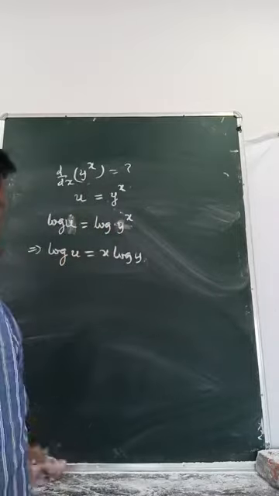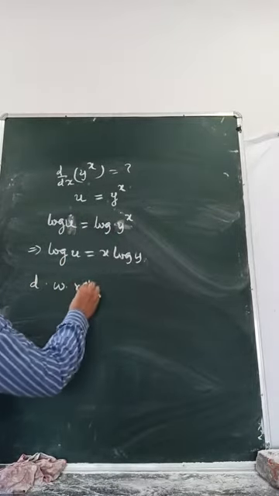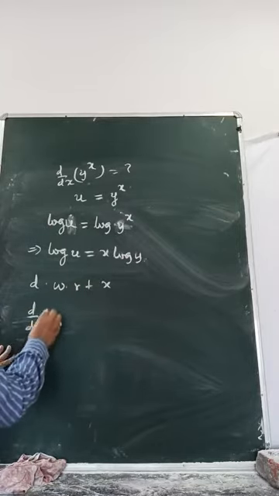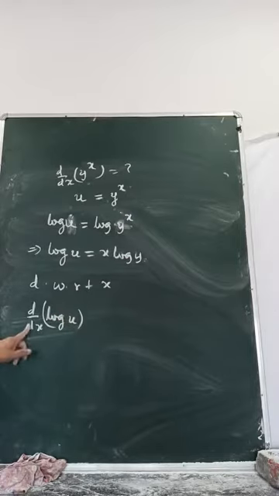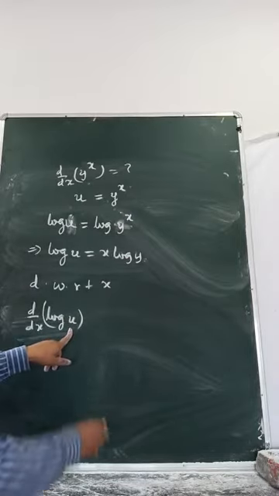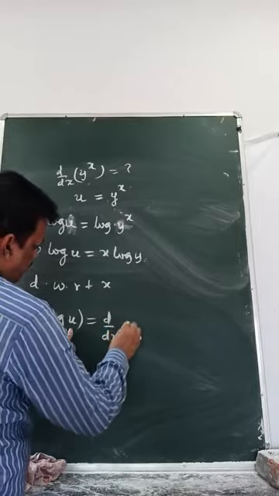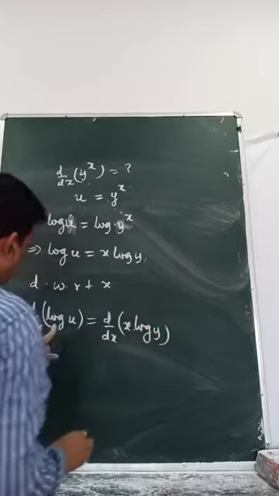Now differentiate with respect to x: ddx of log u is ddx of x log y. What do you get?